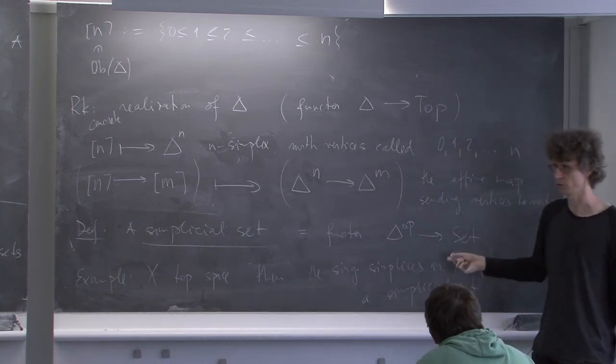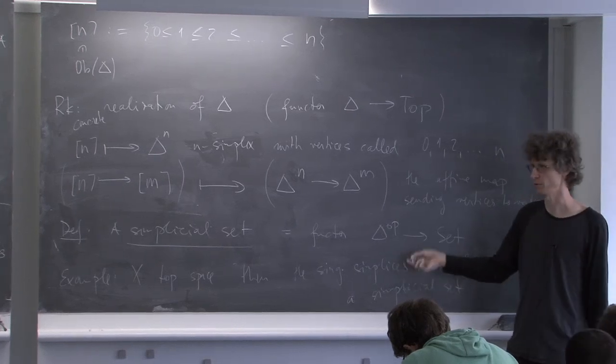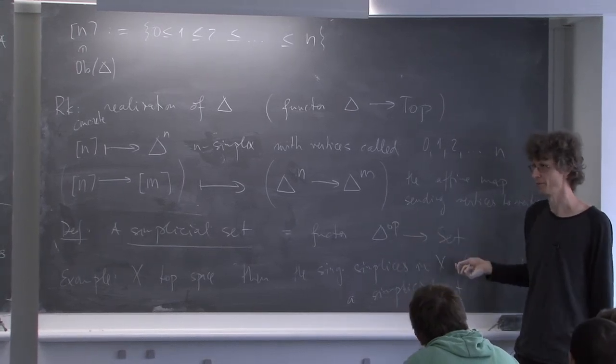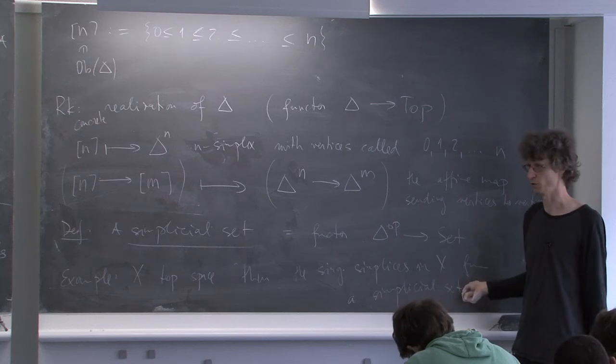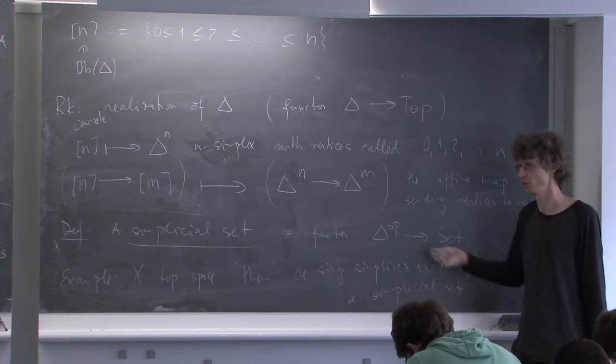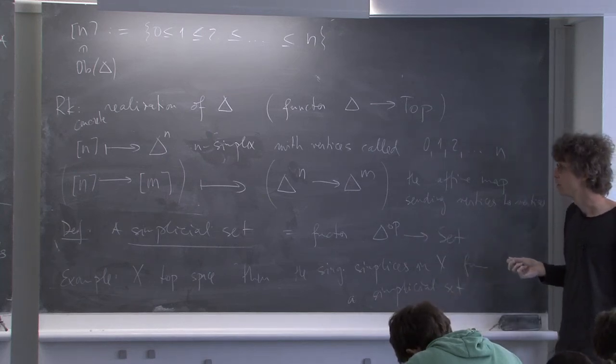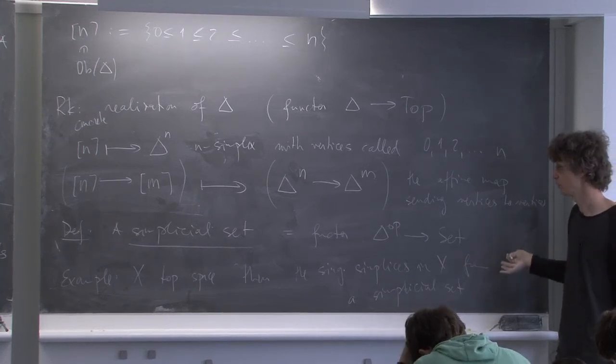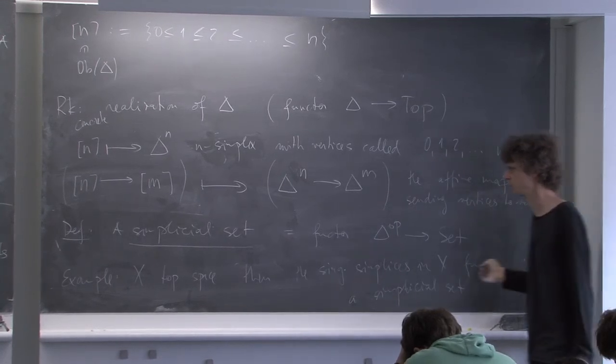Singular simplices are all continuous maps from simplices to X. This happens for any topological space.